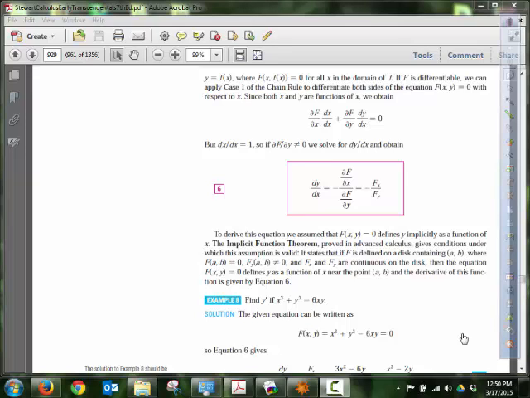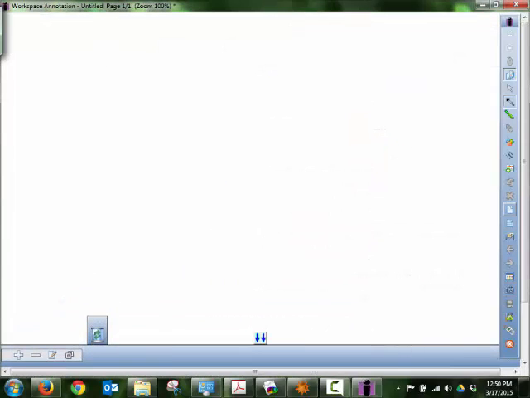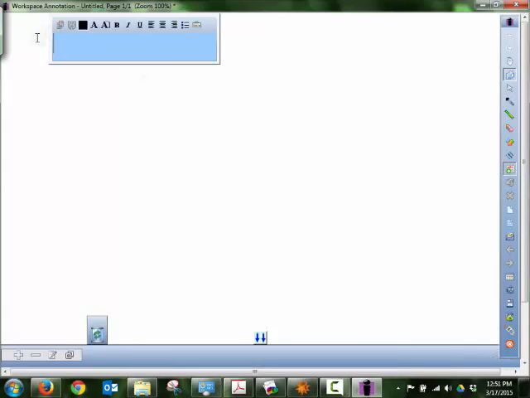If you remember implicit differentiation in Calc 1, assuming that was in Calc 1, we had a relation between x and y that may not necessarily be a function.